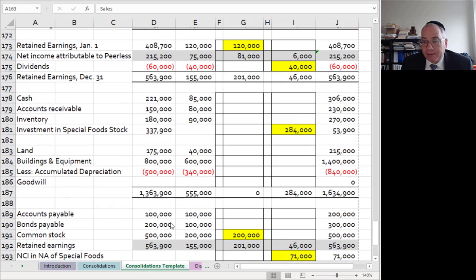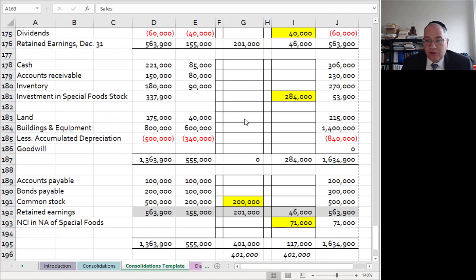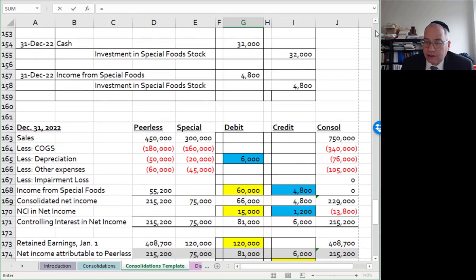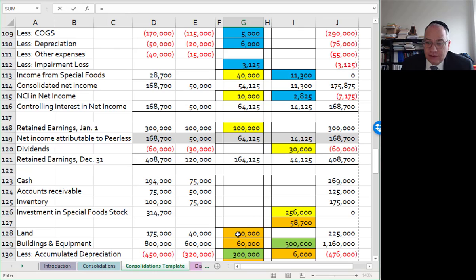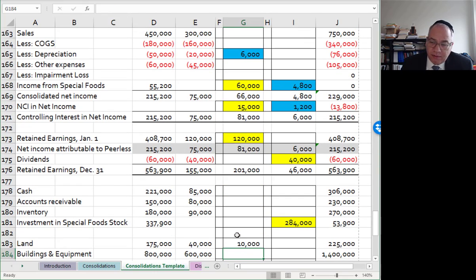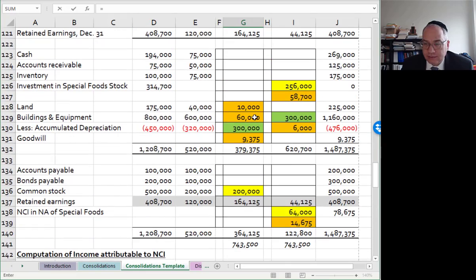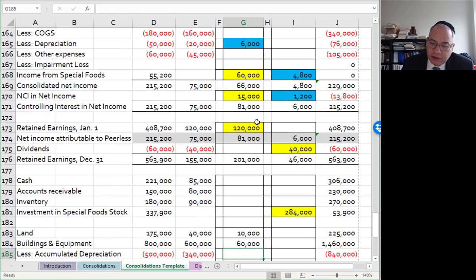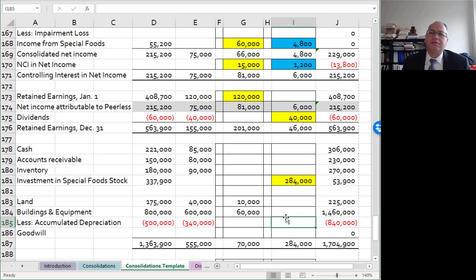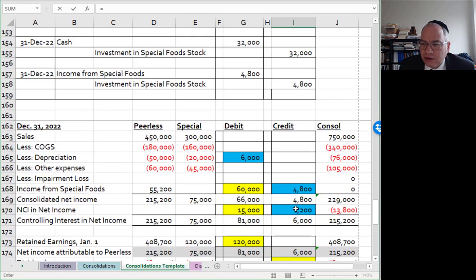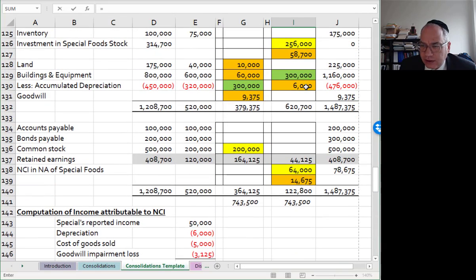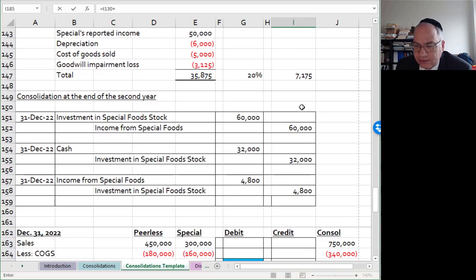Next, we do our write-ups and write-downs on the balance sheet. So remember that land needs to be written up by, I can just look at last year, right? By 10,000. Buildings and equipment needs to be written up by 60,000. And now accumulated depreciation, you've got to really think about this, is going to be $12,000, because it's going to be 6,000 from last year plus the new depreciation that I'm recording this year of $6,000.